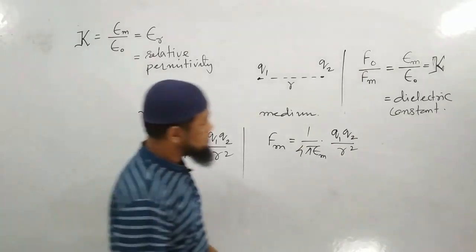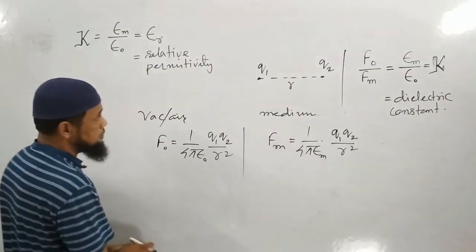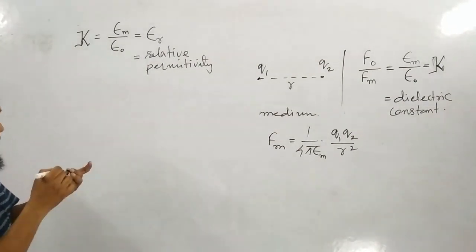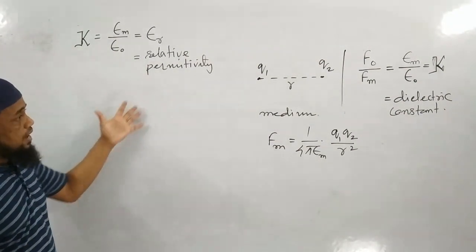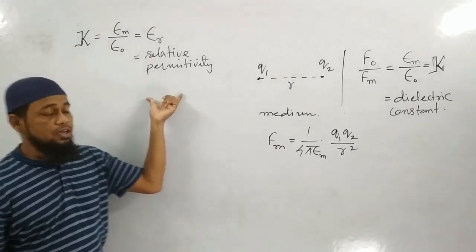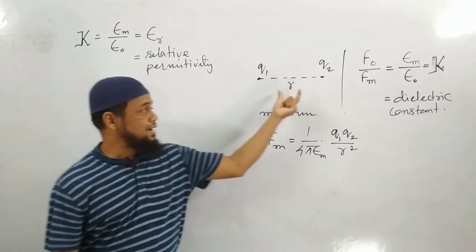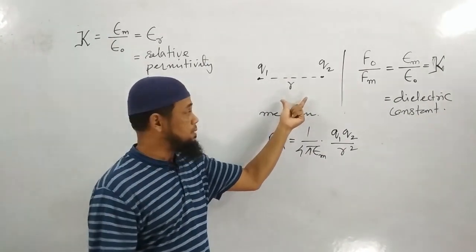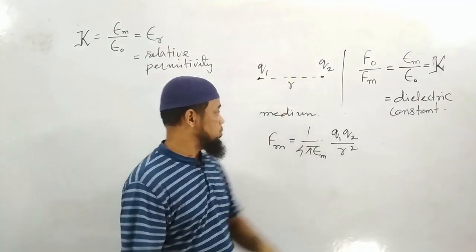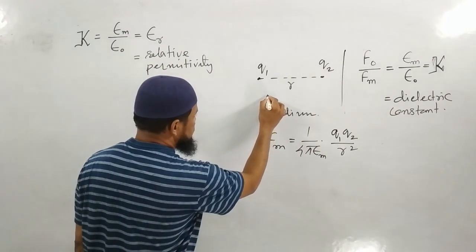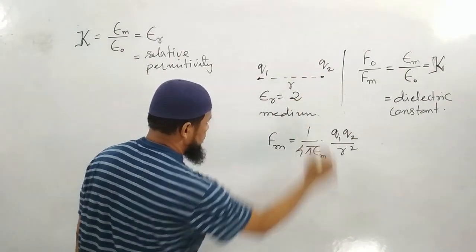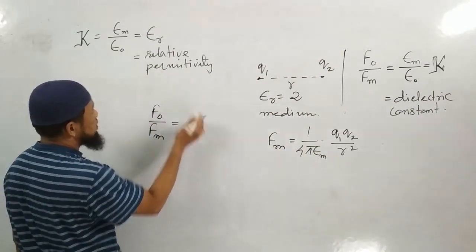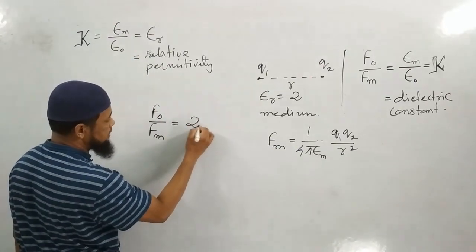So we have seen the ratio of the forces. How will we define dielectric constant? If we go from vacuum to a medium whose dielectric constant K is 2, then F naught by Fm is K or epsilon r, that is 2.